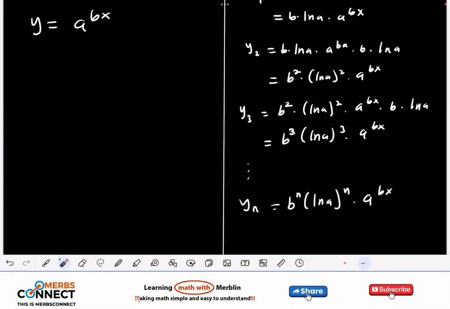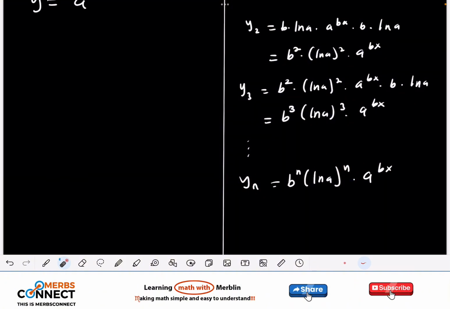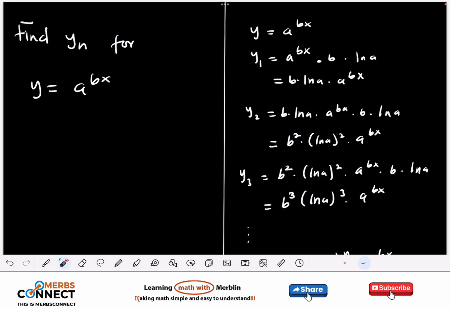So this will be the nth derivative of this function, right?